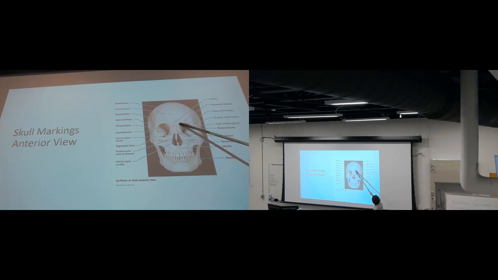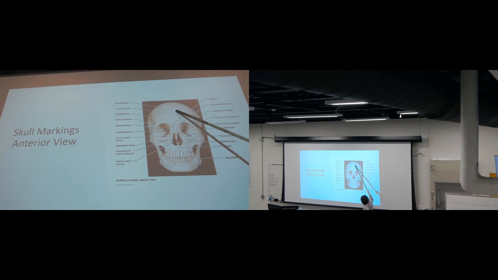And this will be the supraorbital margin. Why is it called supraorbital? Supra means above the orbit. Margin because it's an edge. So this is the supraorbital margin, this is the supraorbital foramen, and this will be the glabella. All of these are markings of the frontal.